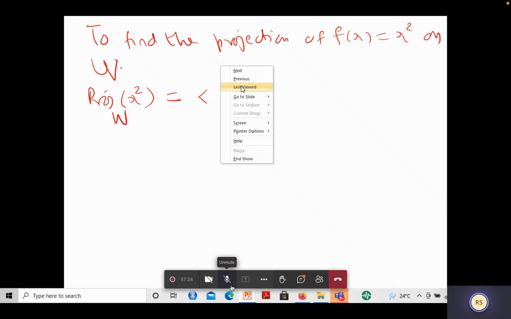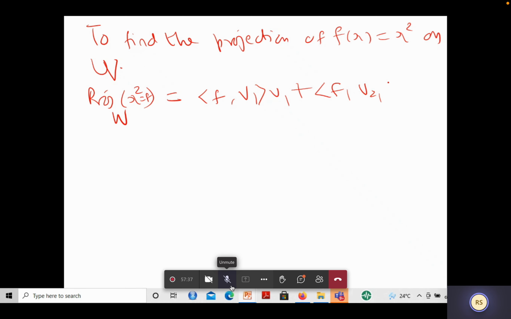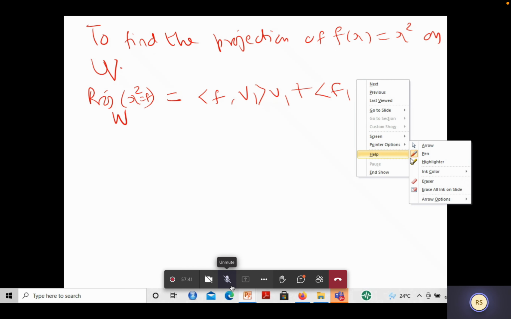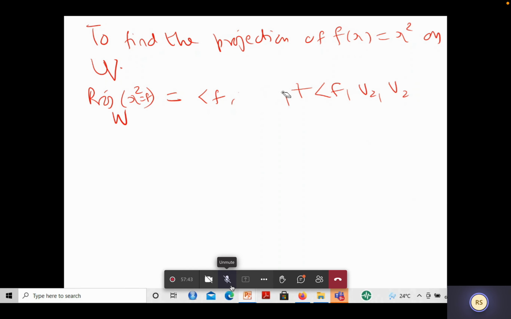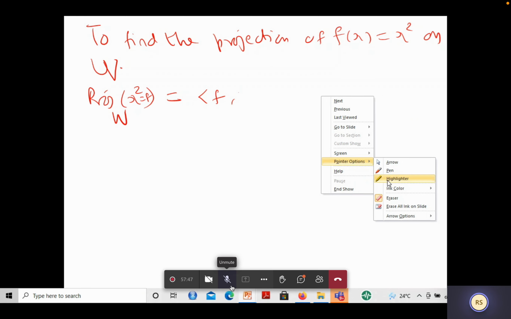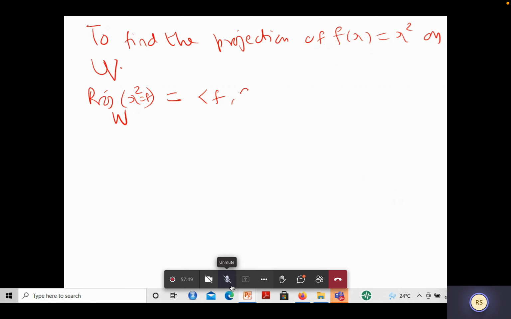First the formula, then we'll substitute. This is f, so it is f with V1 into V1 plus f with V2 into V2. After converting into an orthonormal basis, V2, what name have we given? F2, G2.